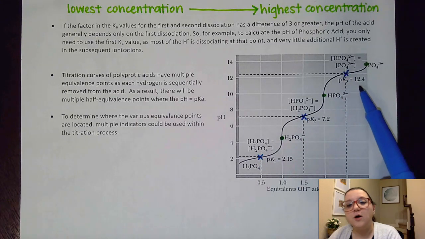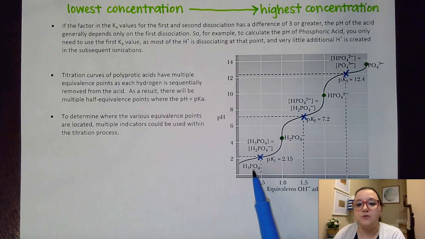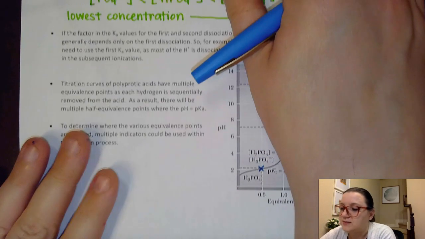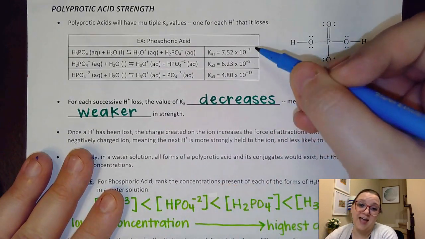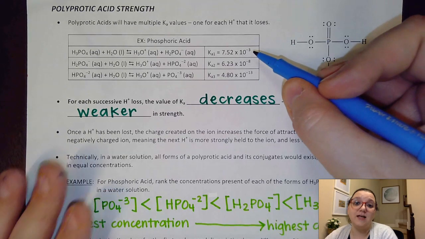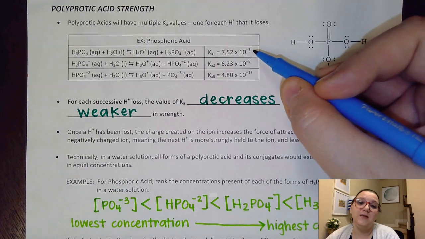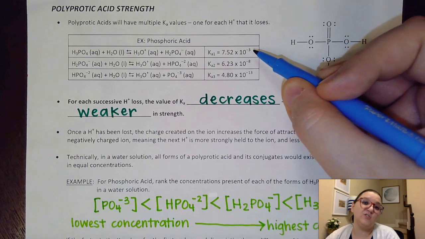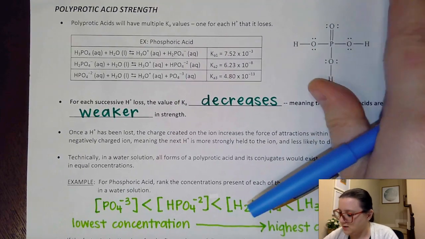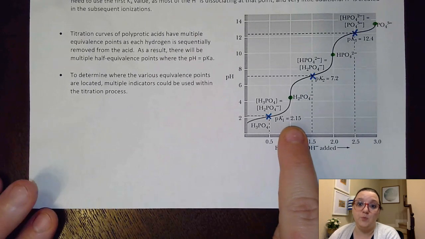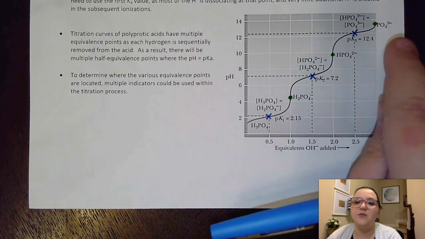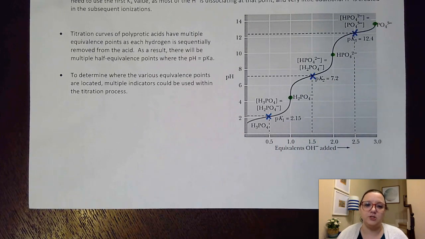And if you look at those pKa values, those are tied to the exponents back up here on these Kas. Having an exponent of negative 3 would mean that your pKa is 2 point something, right? Well, look at where that pKa is, 2 point something. And you'll see that the other ones work out the same way.